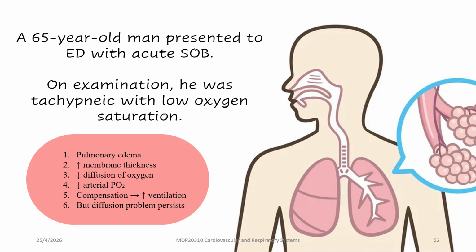The presence of pulmonary edema will first increase the membrane thickness for the gas diffusion to occur, and therefore there will be a decrease of diffusion of gases in the alveoli, especially oxygen. Hence, it will reduce the arterial PO2 level, and compensatorily, it will be detected by the chemoreceptors. Hence, it will compensate through increasing the ventilation effort.